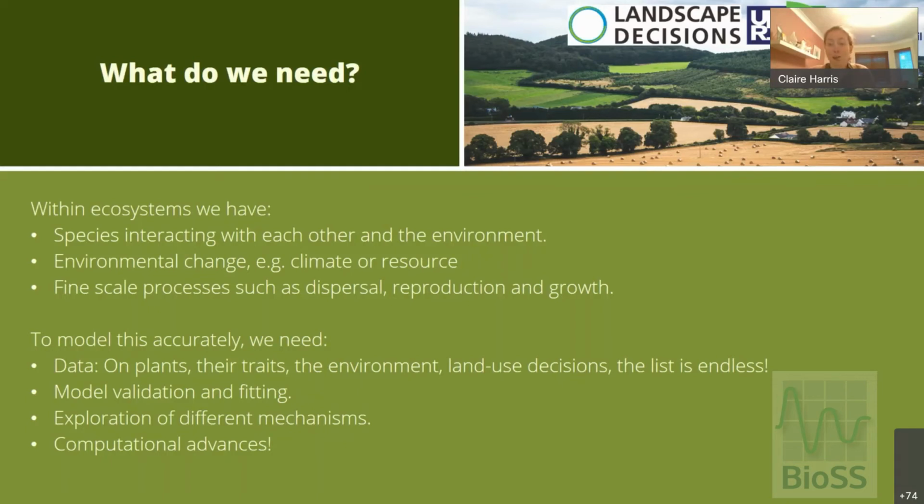And so there are many different things that we need to be able to do this well, and this isn't an exhaustive list, but starting off with our biggest requirement is data, obviously. And you know, we need that information to start to parameterize the models in the first place. So such as the data I talked about on the plants themselves, where they're found, what their abundances are like, and how that's changed over time.